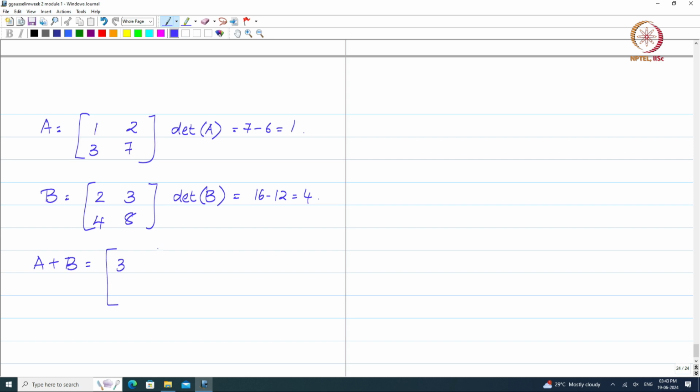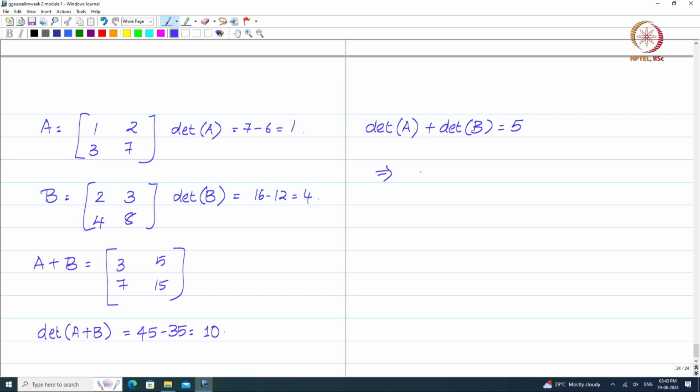So, determinant of A plus B is 45 minus 35, that is equal to 10. Determinant of A plus determinant of B is 1 plus 4, that is equal to 5. Hence, the determinant of the sum A plus B is not equal to determinant of A plus determinant of B.